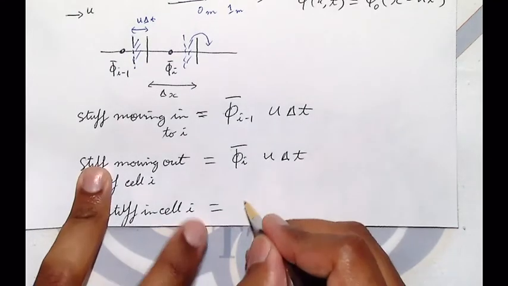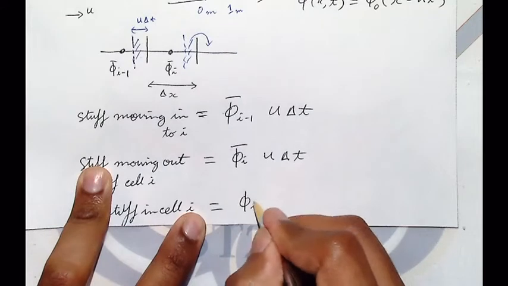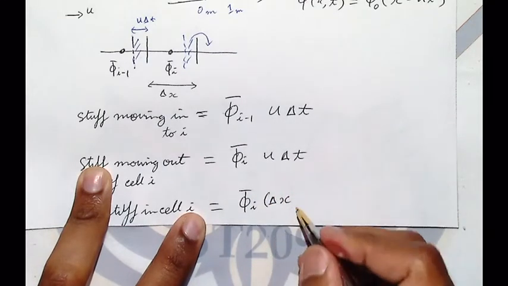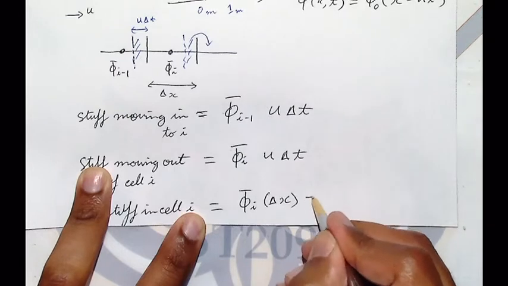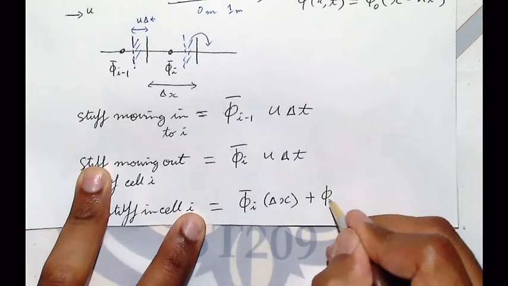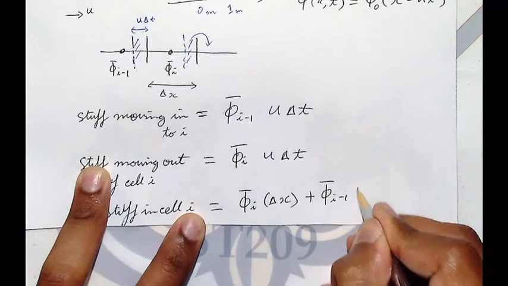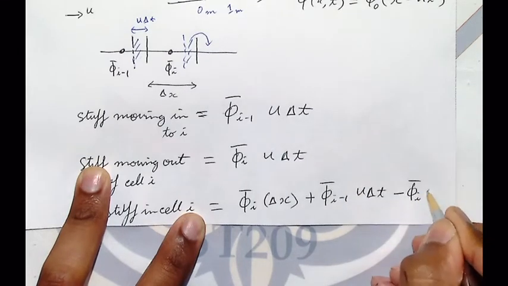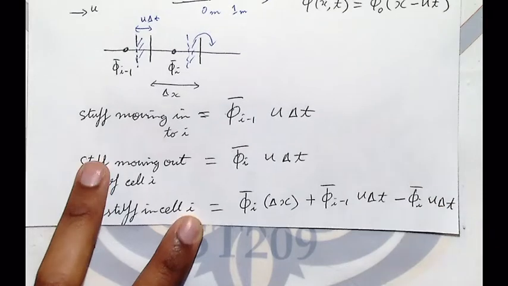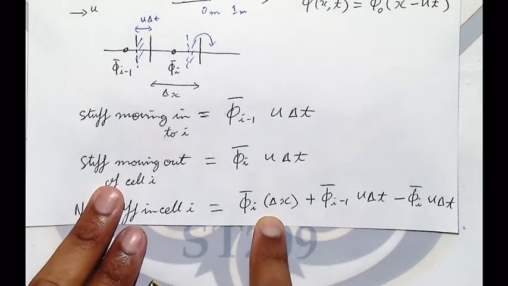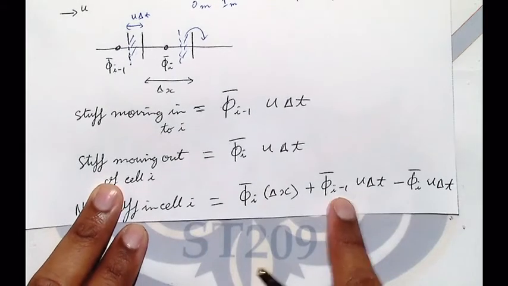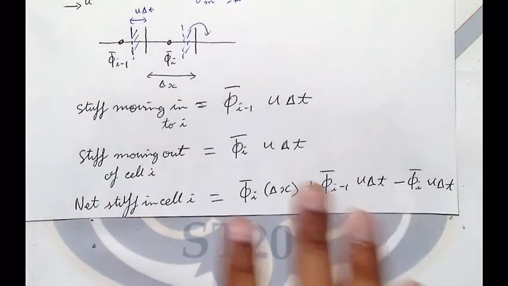Phi i delta x plus the stuff moving in minus the stuff moving out. The stuff moving in is this, and minus the stuff moving out is this. Make sense? So the initial amount of phi contained in the cell plus phi coming in minus phi going out.